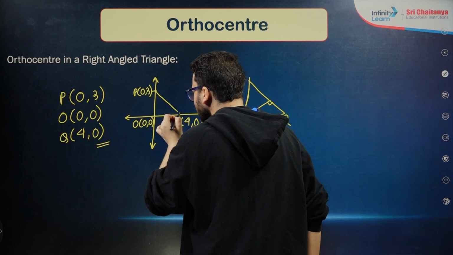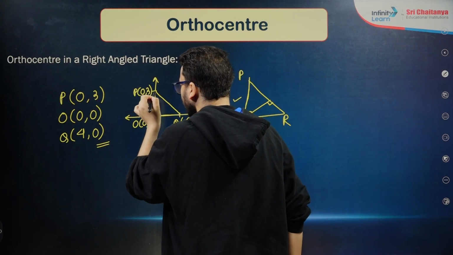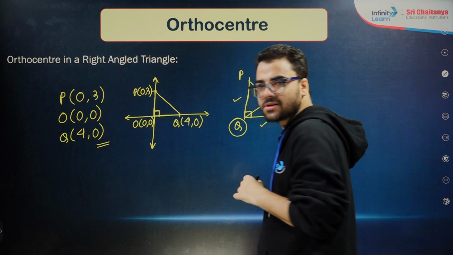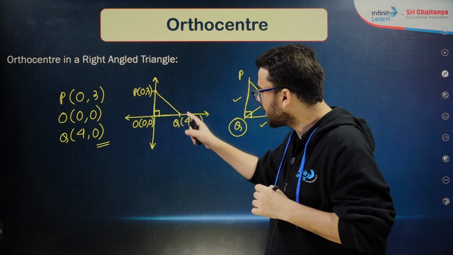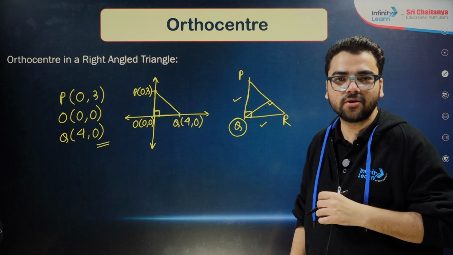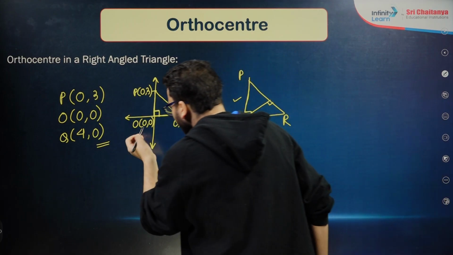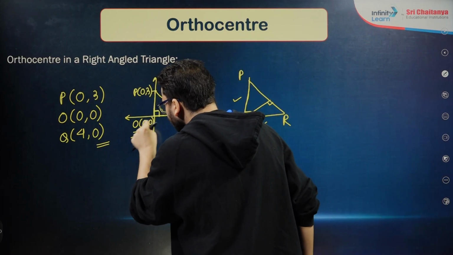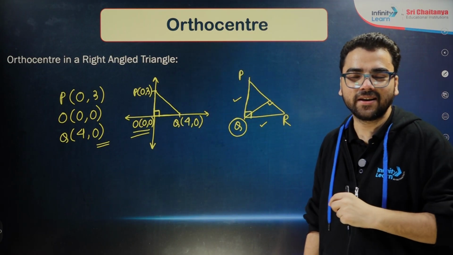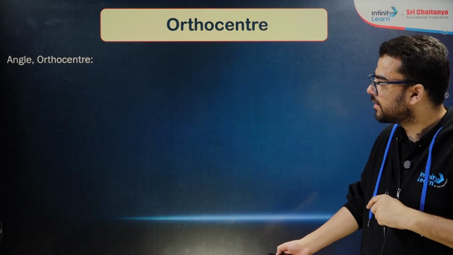If you join these points over here, you see this is the orthocenter. This point is the orthocenter because this is a right angle triangle and the vertex containing the right angle is the orthocenter. So therefore, these are the coordinates of the orthocenter of this triangle. I hope that's clear. It's a basic question.